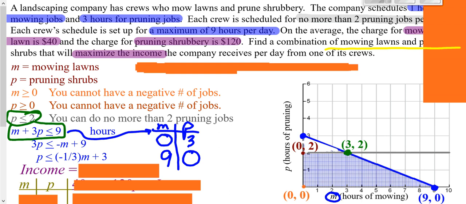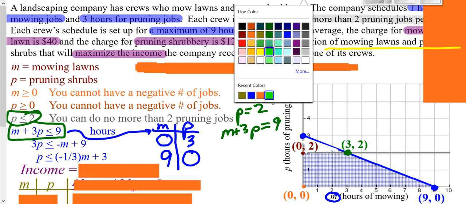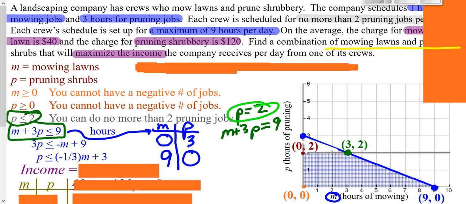So you could solve that system of inequalities or equations with P equaling 2 and M plus 3P equaling 9. Because we're trying to figure out where the lines cross, and that's the equal to part. So we could take P being 2, and substitute it in right there. You can use substitution, elimination, or matrices to find all these other points.